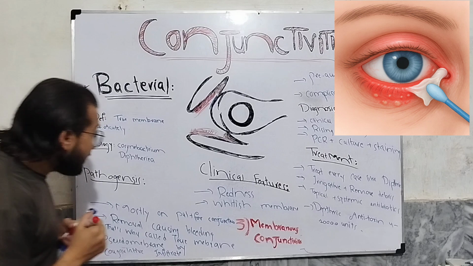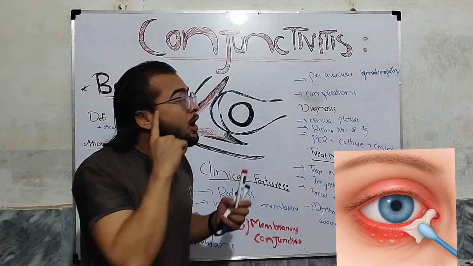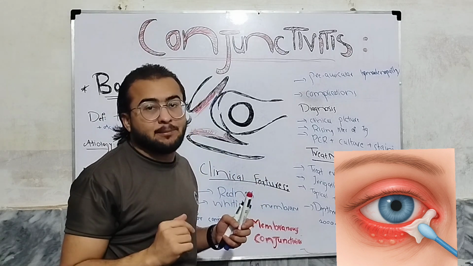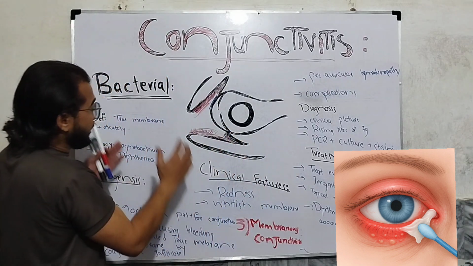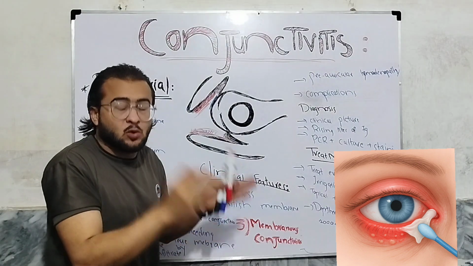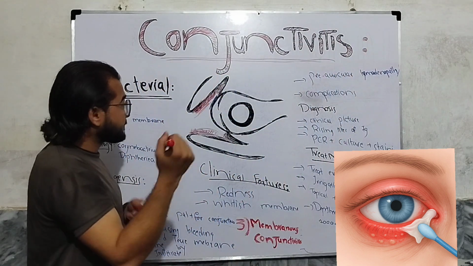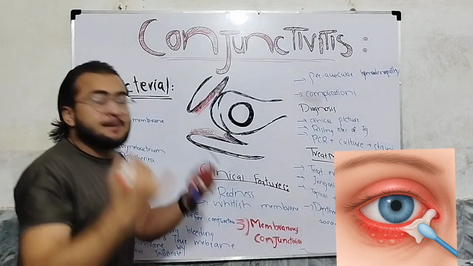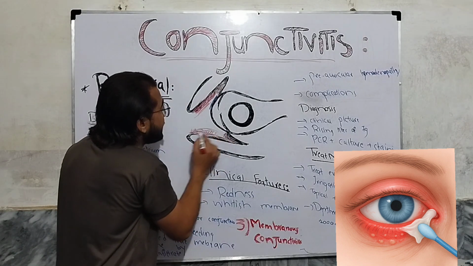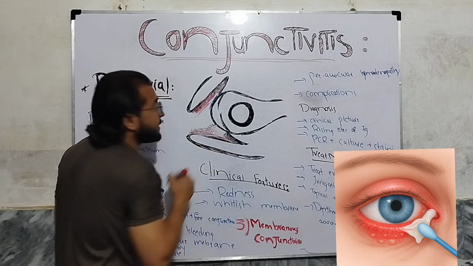The pre-auricular lymph nodes will also be involved, with lymphadenopathy. Complications, if we don't manage the condition in time, can be of different types. For example, symblepharon, when the bulbar conjunctiva and the palpebral conjunctiva stick together.